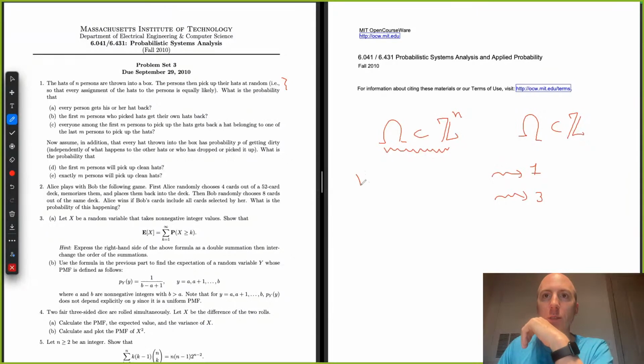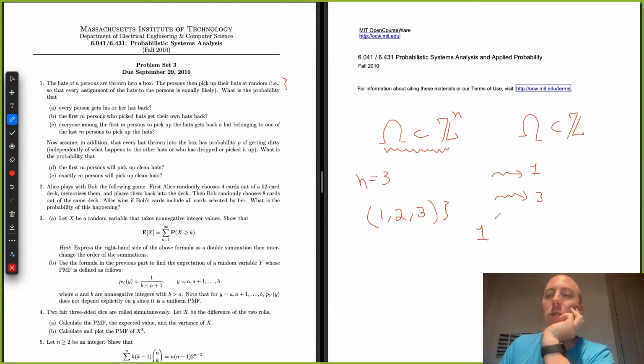If we have 3 people, then the outcome where person 1 gets hat 1, person 2 gets hat 2, and person 3 gets hat 3 is this outcome right here. For this experiment, these are the only outcomes. You can't get an outcome of just 1. This experiment has multiple steps and stages to it.